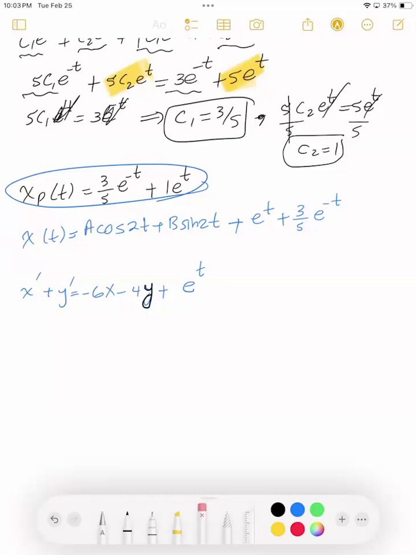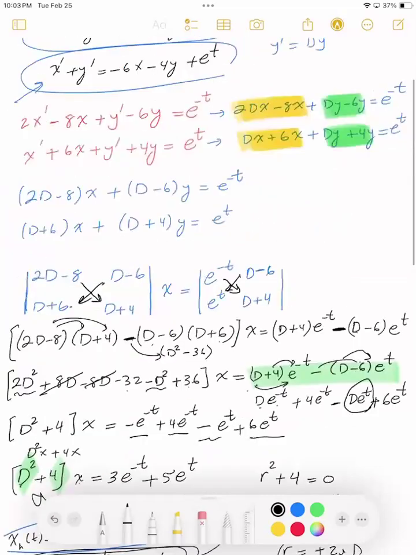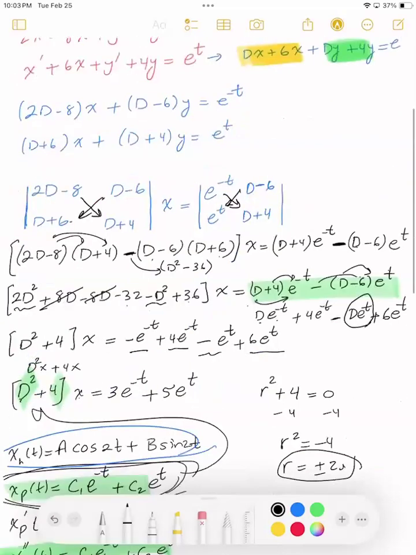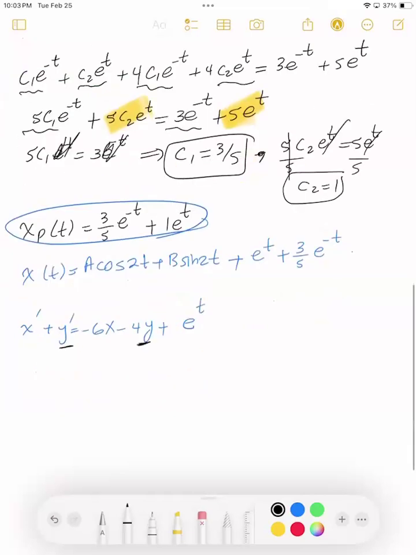Not yet, because what we're trying to do is we have the solution to x, we want to find the solution to y, but we have y prime and y, and in this first one we also have y prime and y. So let me write down that one as well. We have 2x prime plus y prime is equal to 8x plus 6y plus e to the power minus t.